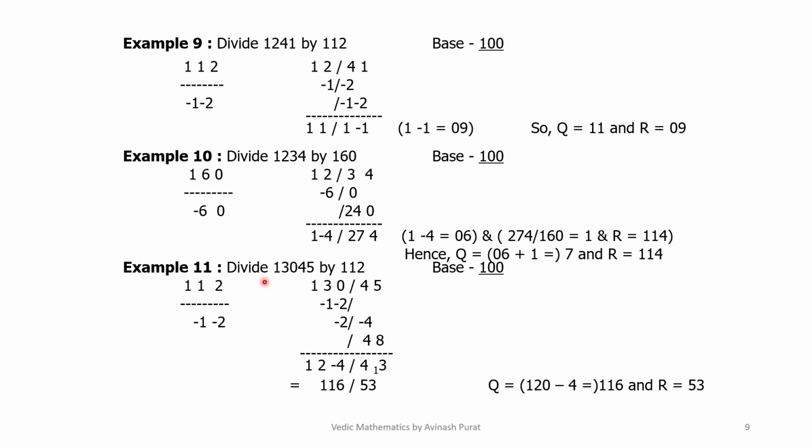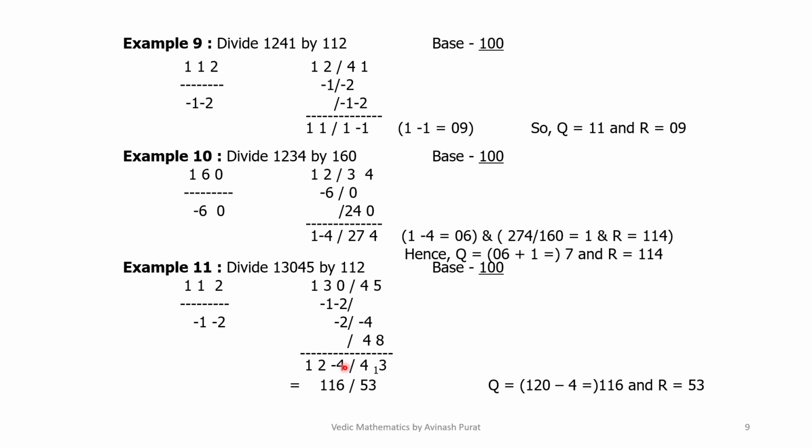Example 11, divide 13045 by 112. 112 minus 1 minus 2 brought down. 130 stroke 45, 1 brought down. 1 multiplied by minus 1 minus 2. So 3 minus 1 is 2. 2 multiplied by minus 1 minus 2 is minus 2 minus 4. So 0 minus 2 minus 2 is minus 4.